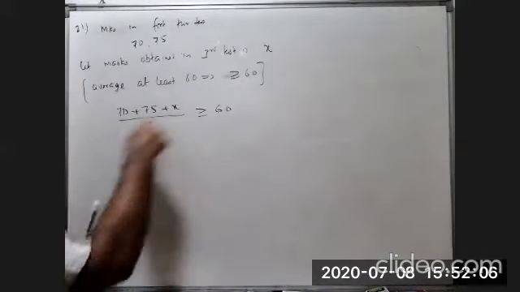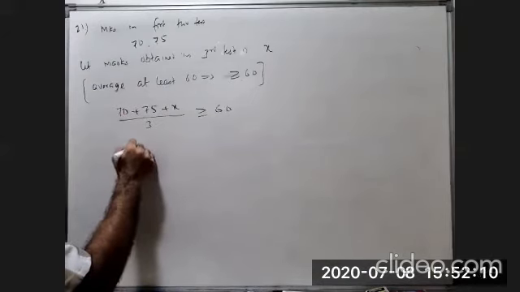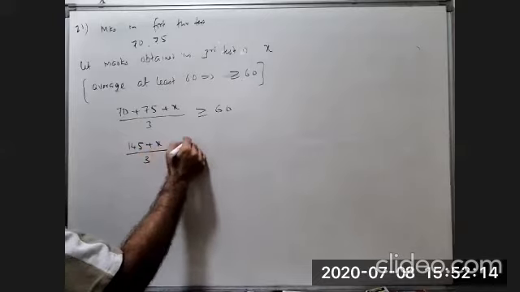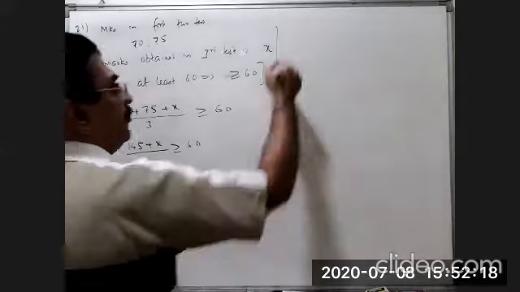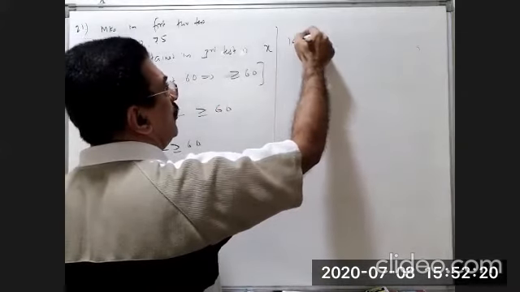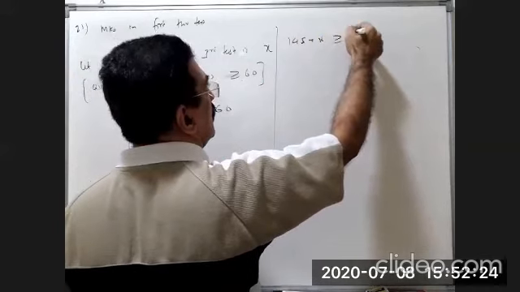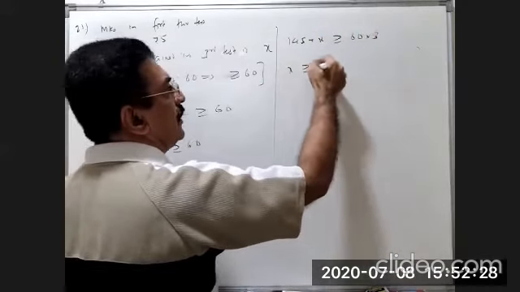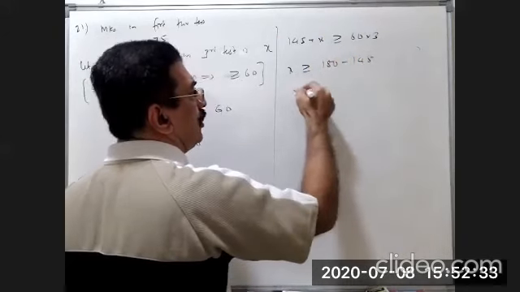Now 70 plus 75 is 145, so (145 plus X) by 3 is greater than or equal to 60. Cross multiplying, what do we get? 145 plus X greater than or equal to 60 into 3. X greater than or equal to 180 minus 145.